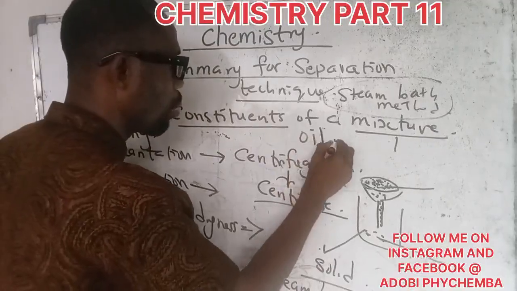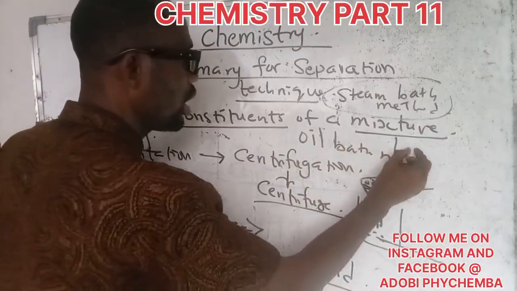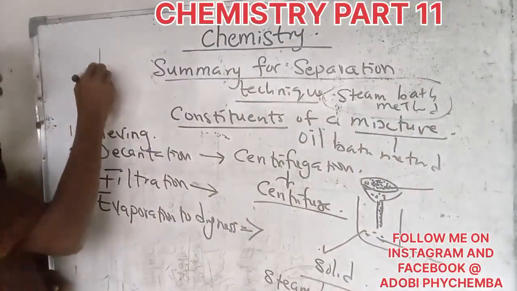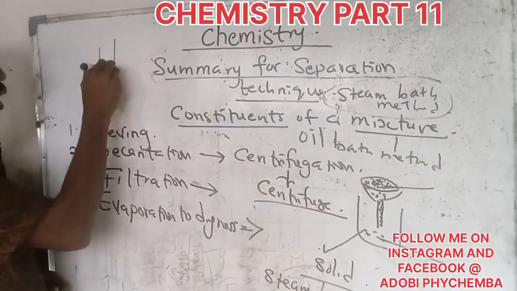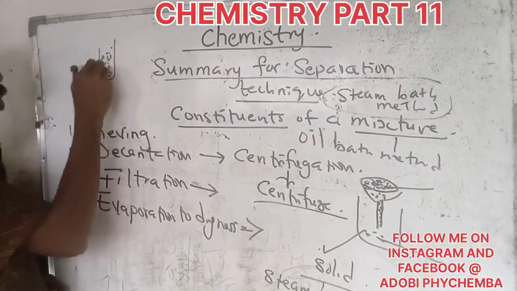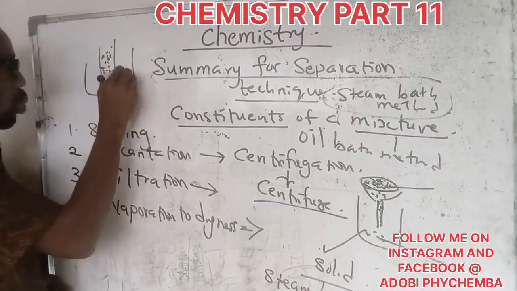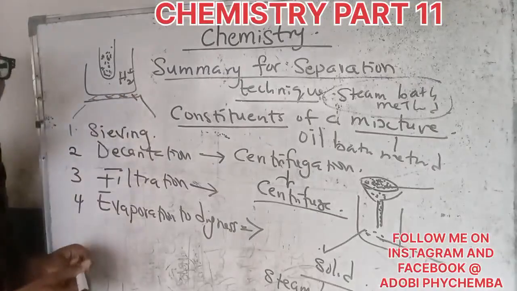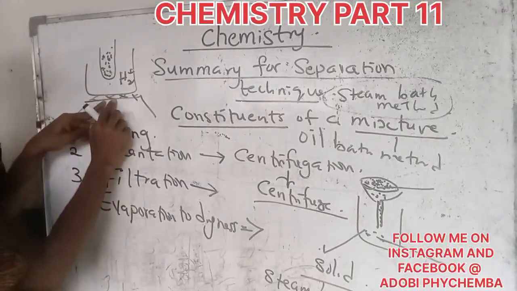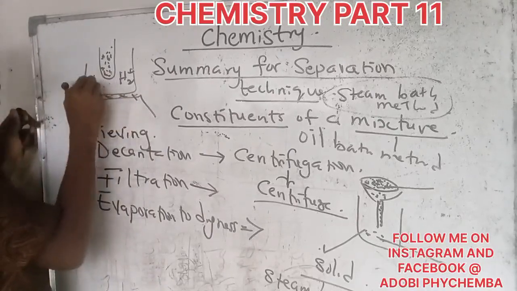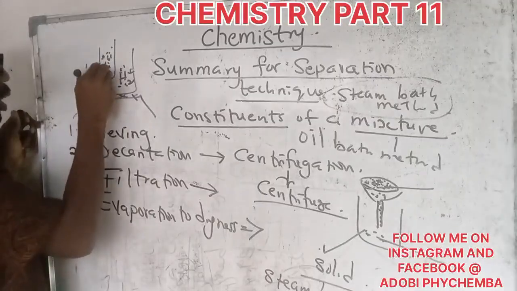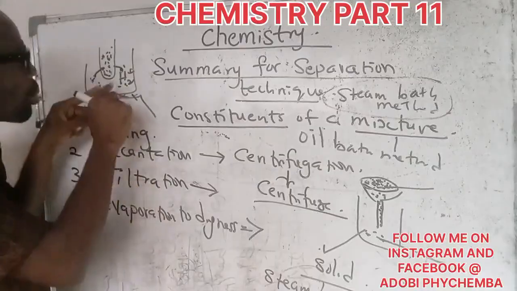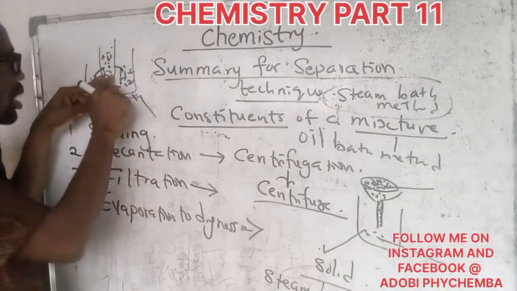Oil bath method. In this case, look at what I'm talking about, just pay attention. You have a test tube, the particle is already inside the water as a solution. Here is water, and here you are heating directly. As you heat this water, the vapor that comes out to heat this will cause the evaporation to dryness, because this salt can be destroyed when you heat it directly.